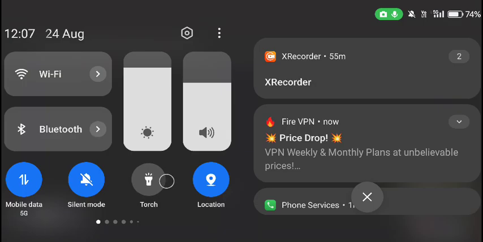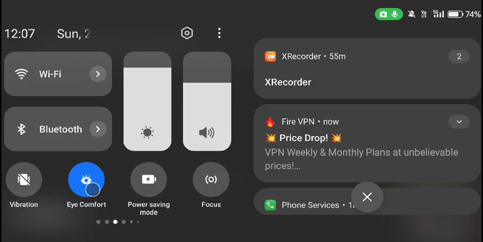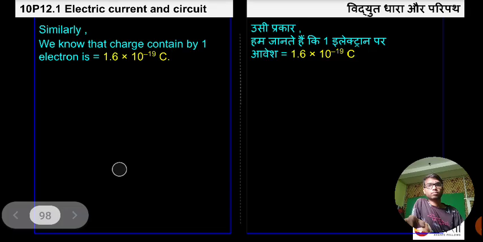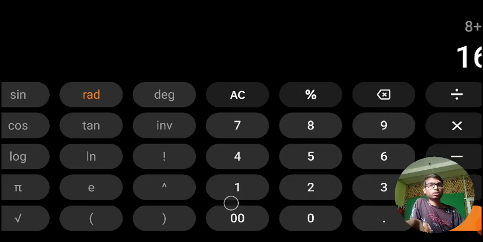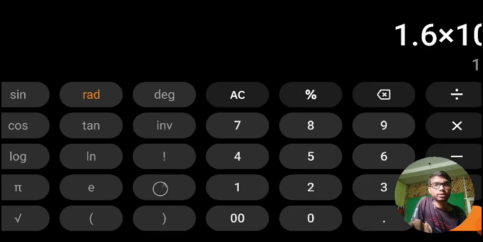Hold on. Let me find a calculator. 1.6 multiplied by 10 raised to the power minus 9.